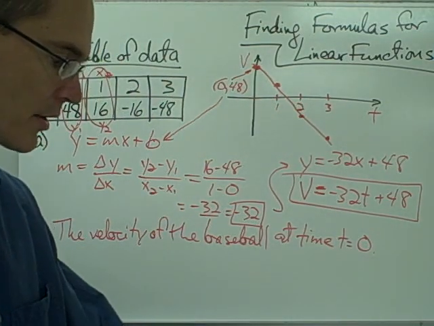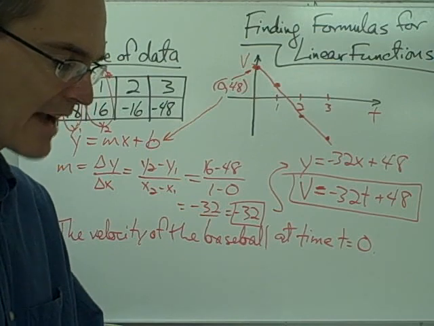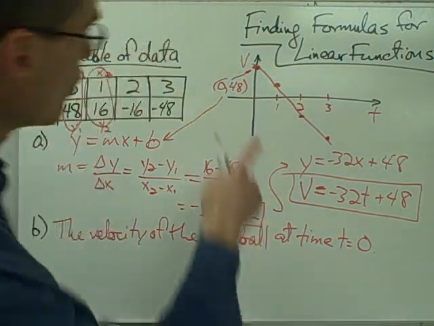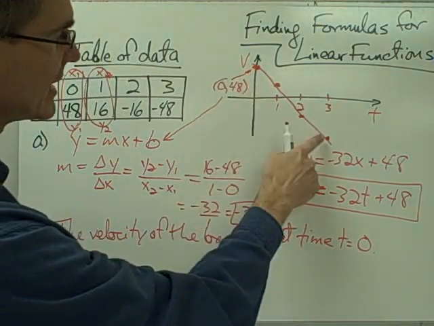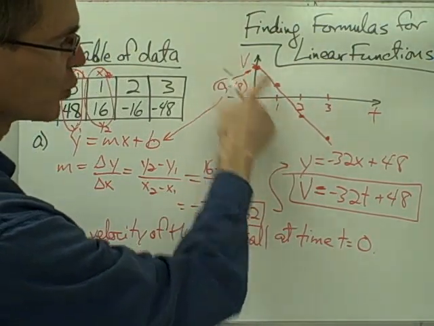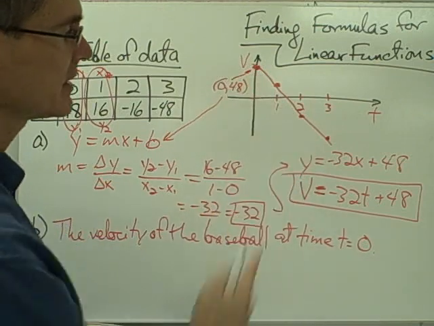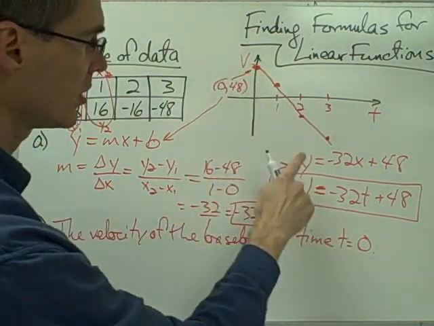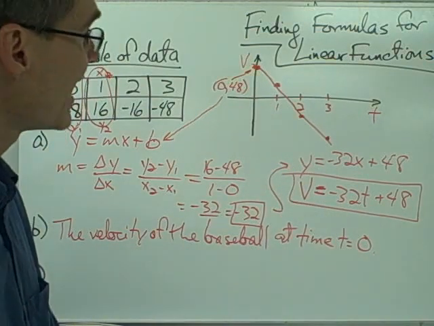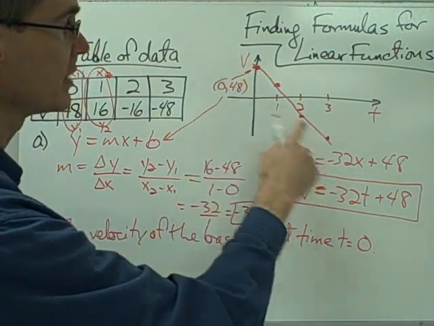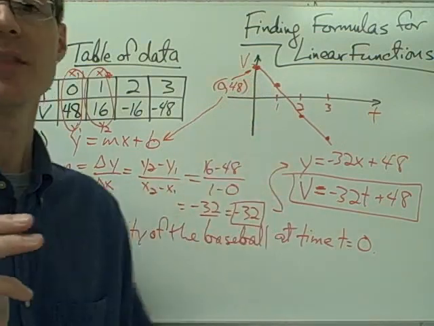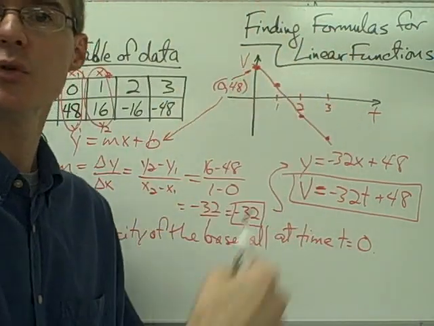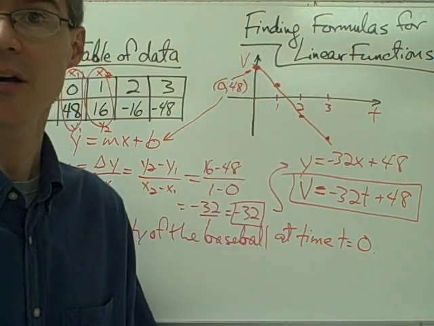And part C, what does the average rate of change, that is the slope, tell us about the baseball? Well, we already noted that our slope is negative, which means that the rate of change of the velocity is negative, and that just tells me that the velocity of my baseball is constantly decreasing. In other words, from the time that I let go of the baseball, I throw it up in the air, the velocity of the baseball begins to decrease because gravity is pulling down on the baseball.